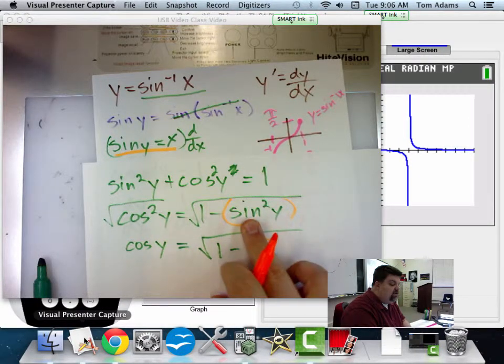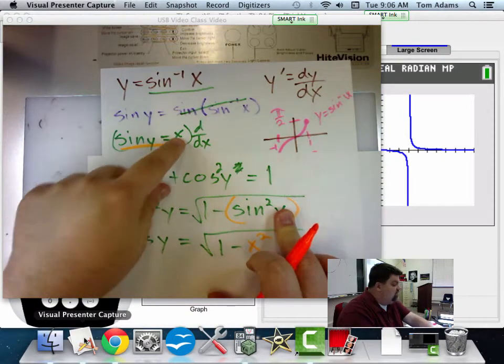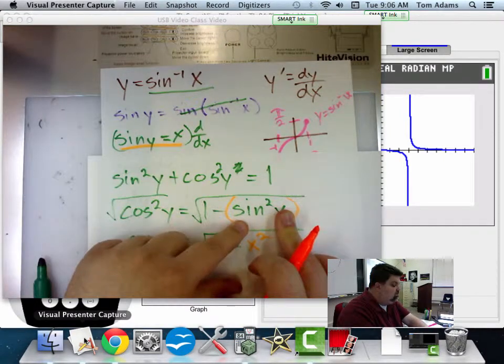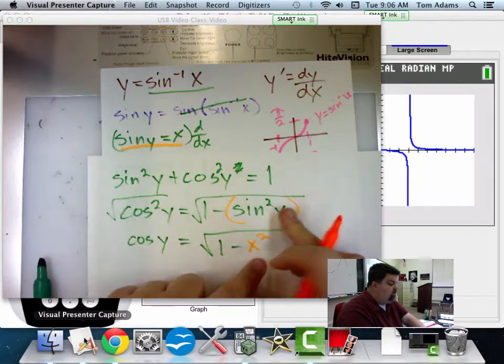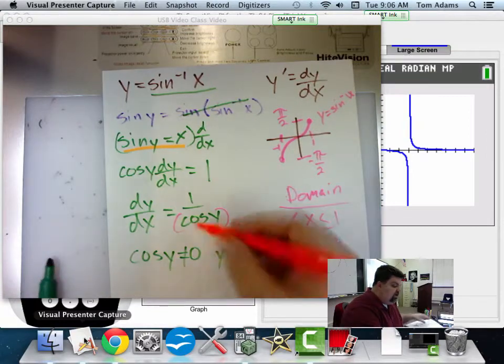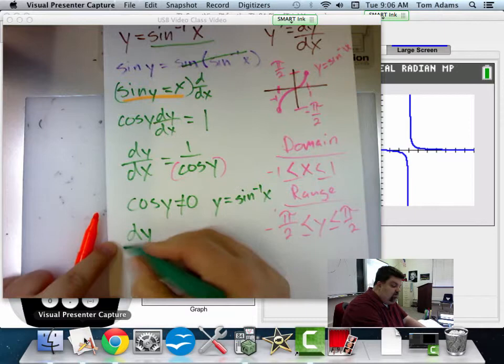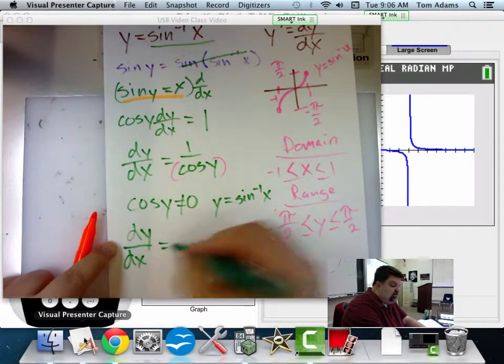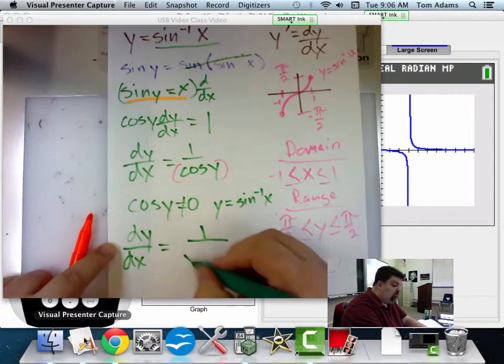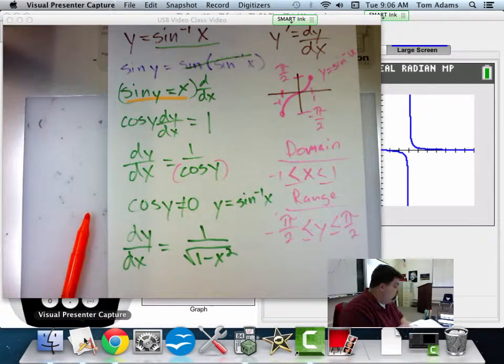If I say sine squared of y, and sine of y equals x, isn't sine squared of y equal to x squared, if I look at it that way? So what I can do then is change this to dy dx is equal to 1 over the square root of 1 minus x squared. That's it.